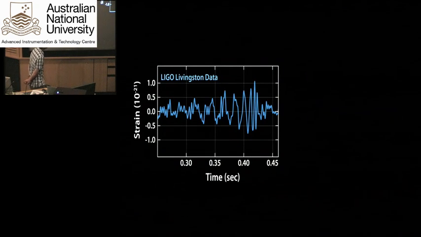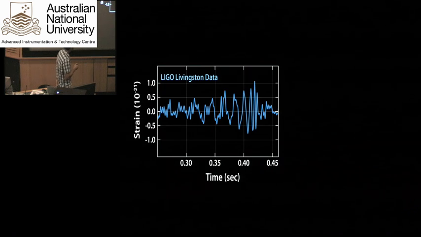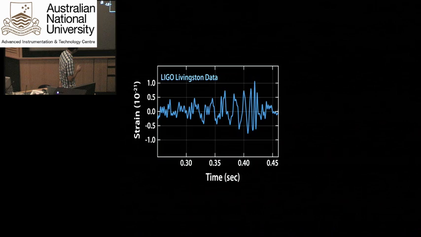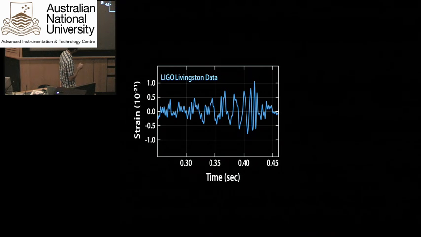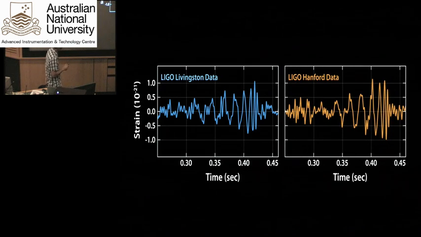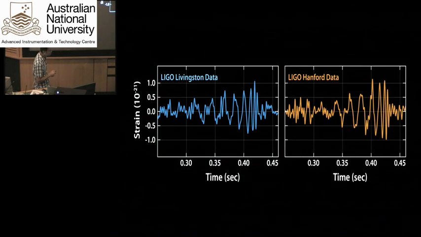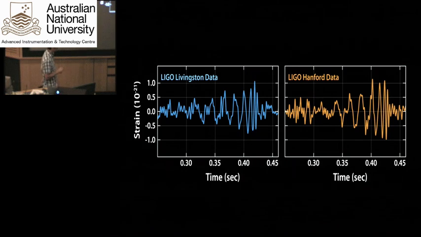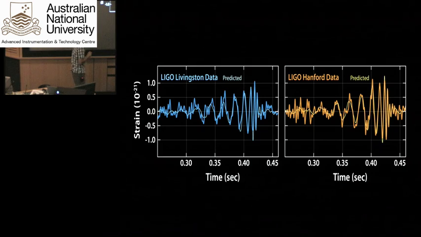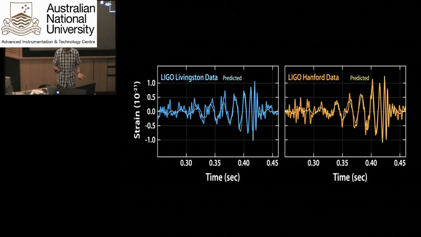Okay, so in the Livingston detector, this is what we saw. On time, you see it's about 150, 200 milliseconds here. There's a blip of a signal that is rising in frequency and then suddenly disappears. And in Hanford, we saw almost exactly the same signal at almost exactly the same time. And this is characteristic of an in-spiraling compact binary.